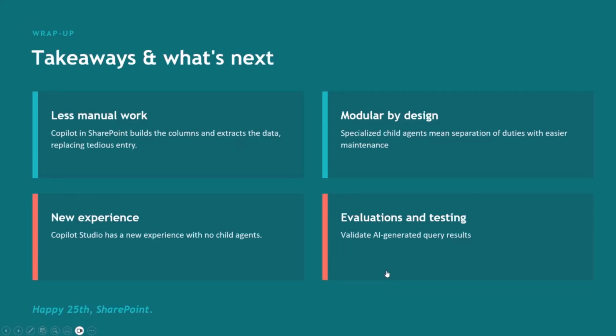So my takeaways and what's next. Using the Copilot in SharePoint helps to reduce manual work and automate a lot of the tedious work, like creating lists, libraries, as well as all the different columns, by having the autofill columns.